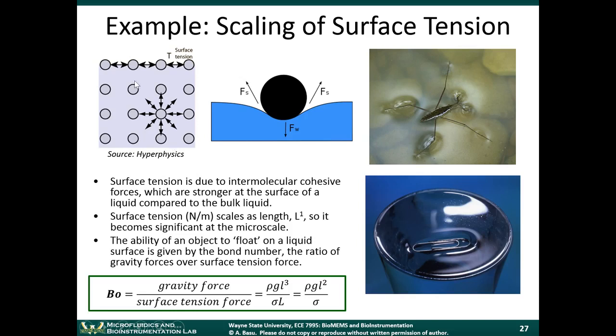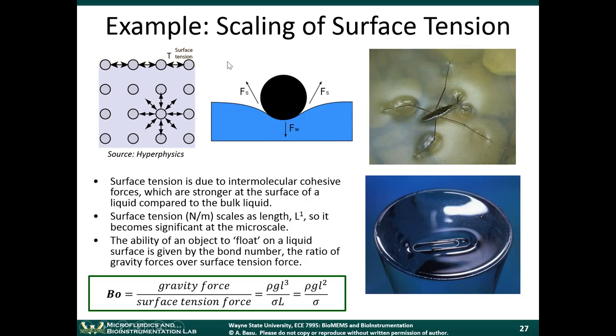Now, more significant than that is the water molecules at the edge. The intermolecular forces of the water molecules at the edge are stronger than the intermolecular forces of the water in the bulk. As a result, this forms what's called a tensile skin over the surface of the water.